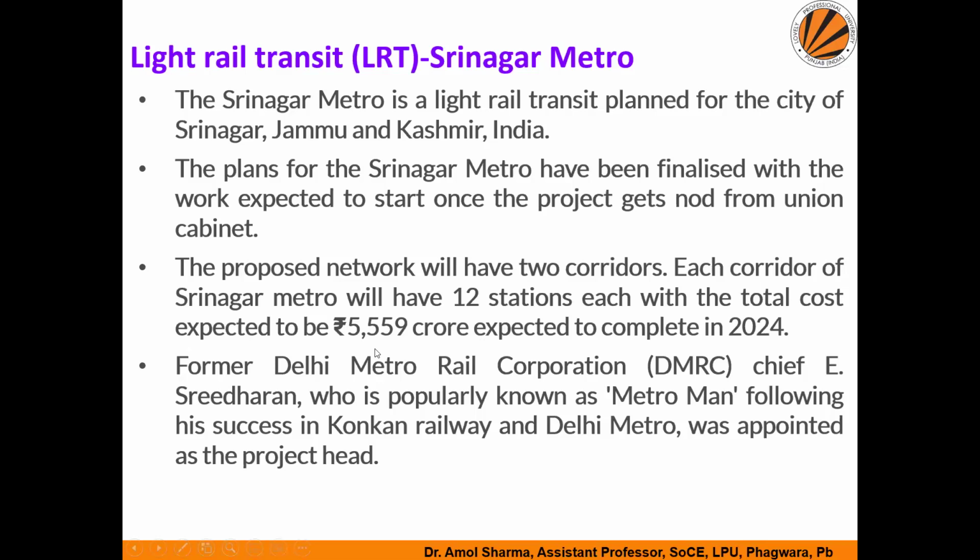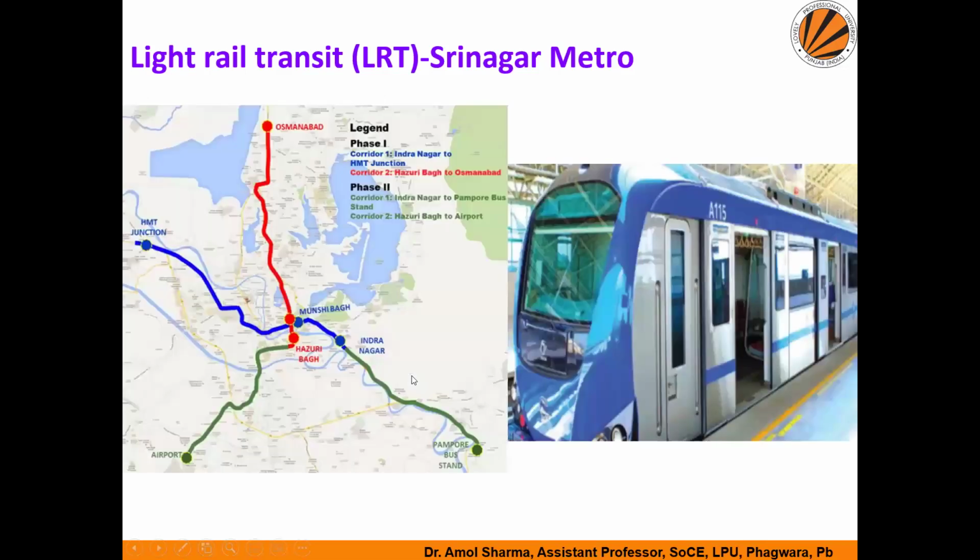So a light rail transit system is a smaller version of a metro which operates with fewer stations. So the proposed Srinagar metro has fewer stations, and fewer metros or fewer bogies will be operated there.